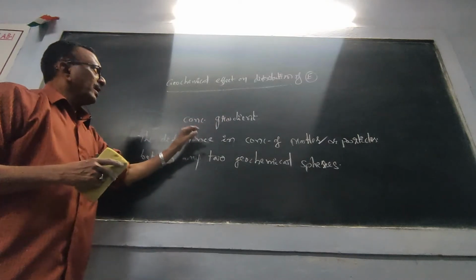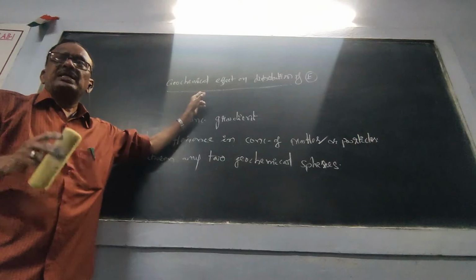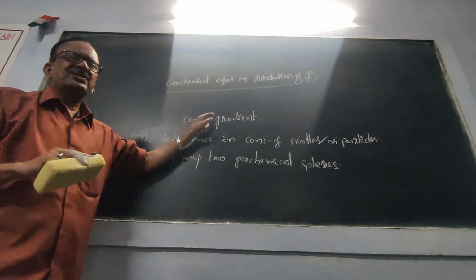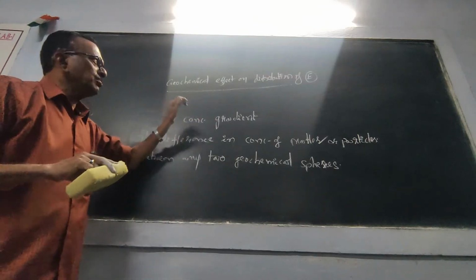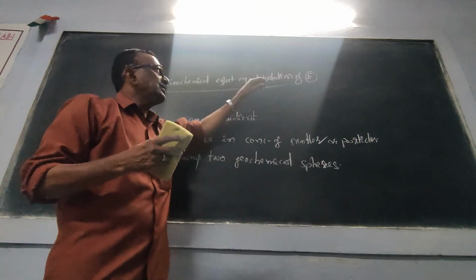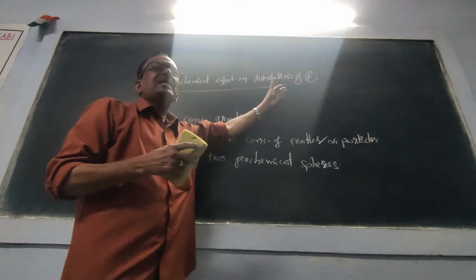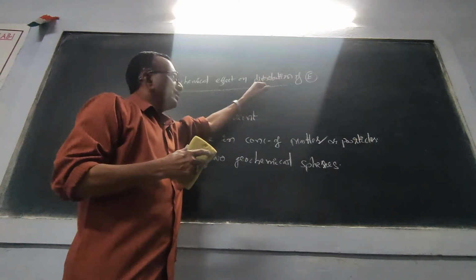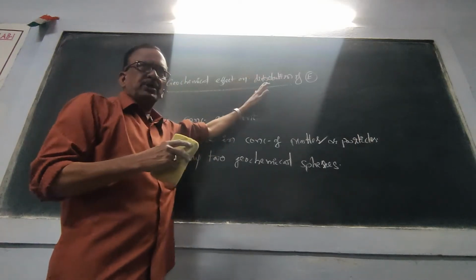So this geochemical effect in the form of concentration gradient is responsible for the unequal distribution of the elements. So this is the migration of the elements also.